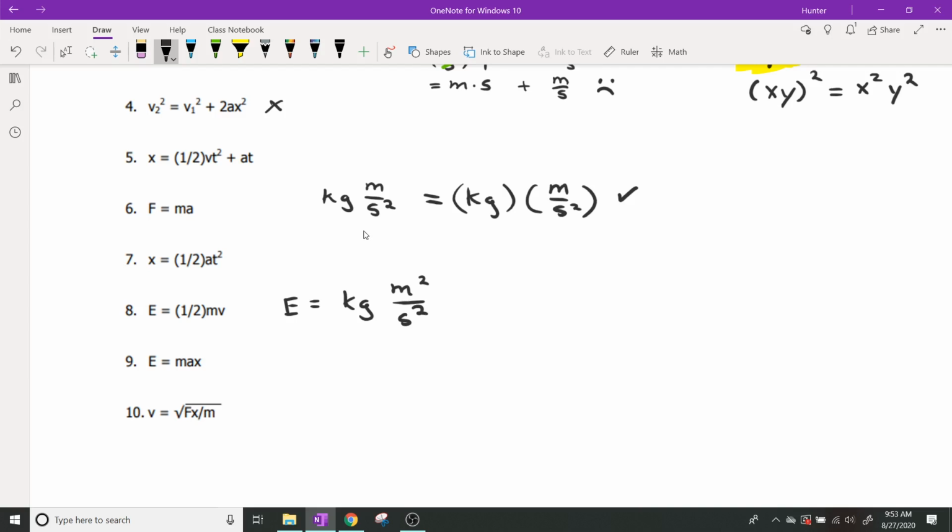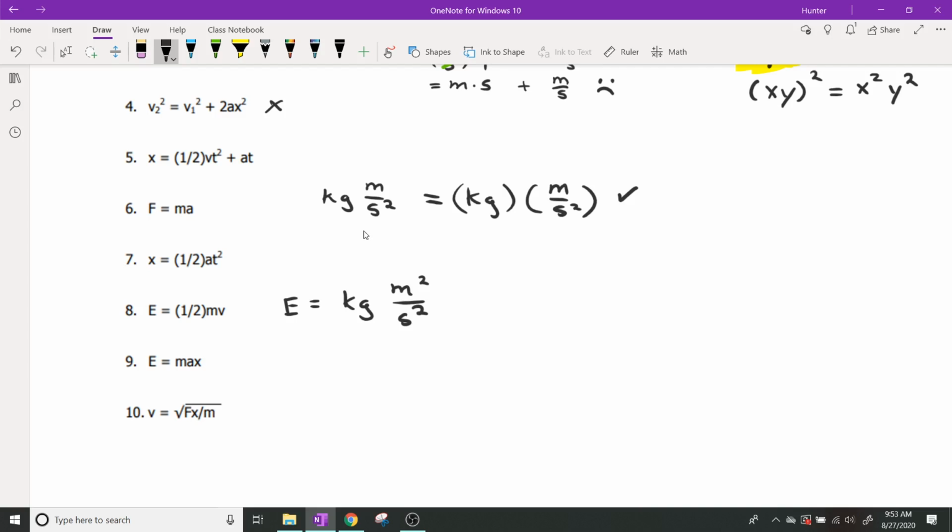Because basically it's force times distance. So you're taking a force in newtons and you're multiplying it by a distance. We'll talk more about that later, but that's the unit that we're looking for. So that means that on the right side, it needs to equal kilogram meters squared over second squared. Let's try it out and let's see if it actually does.